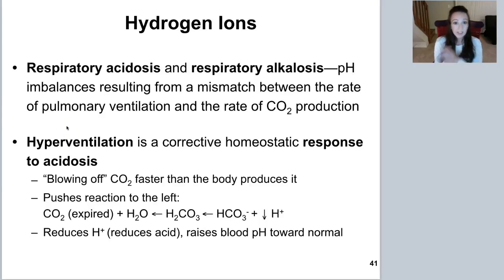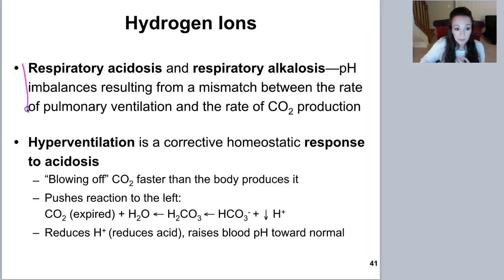That will then increase the concentration of hydrogen ions, causing us some acidosis. So we want to make sure that our CO2 production is matched by our ventilation rate. And when it's not, we're going to develop one of these conditions here.